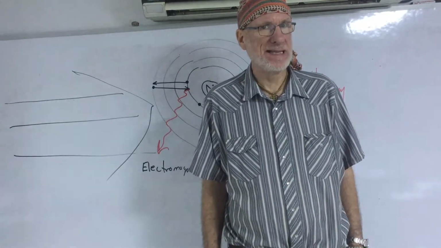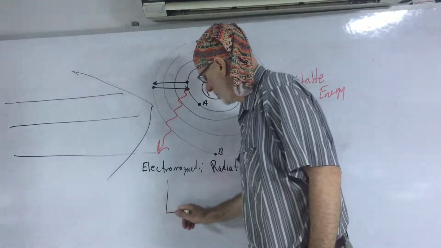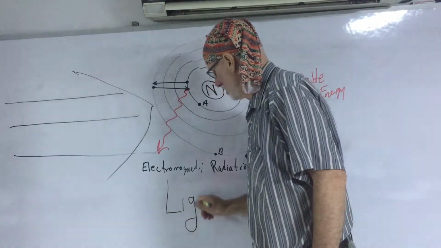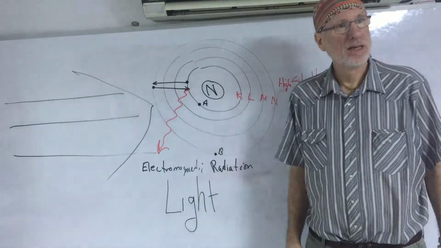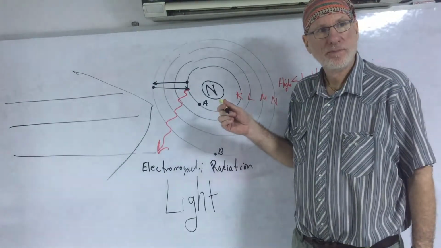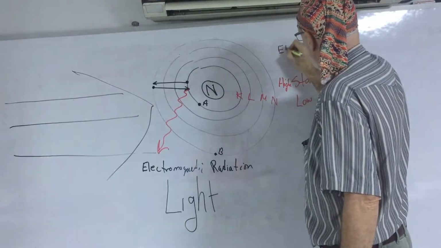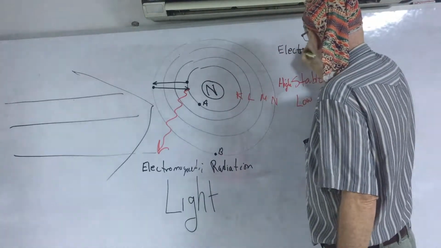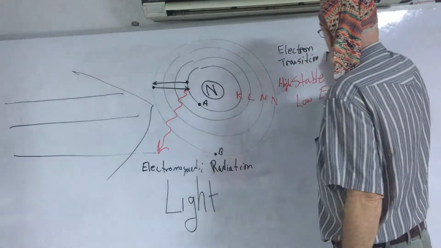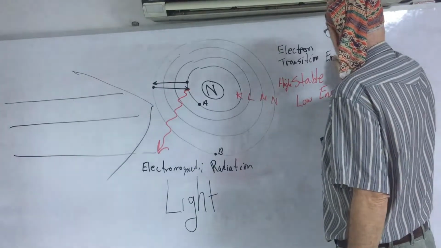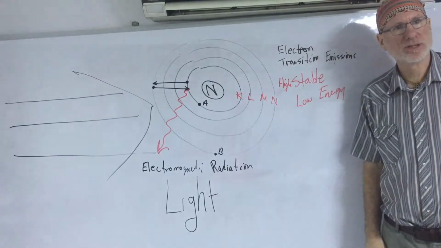Let's see if this makes sense. It's called light. That's what light is. Light comes from this electron transition emissions.